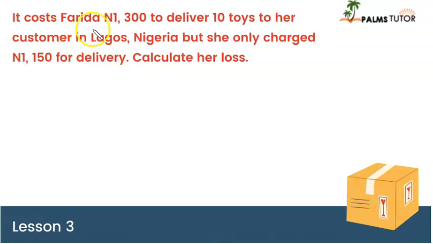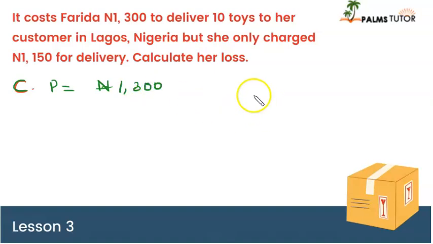Good. It cost Farida 1,300 to deliver 10 toys to a customer in Lagos, Nigeria. Right? It cost her 1,300. So that means the cost price for delivery, let me use another color, cost price for delivery of an item is 1,300.